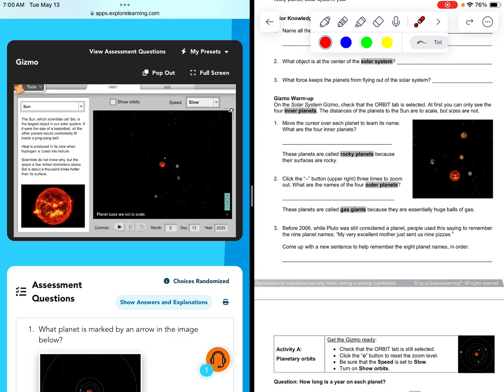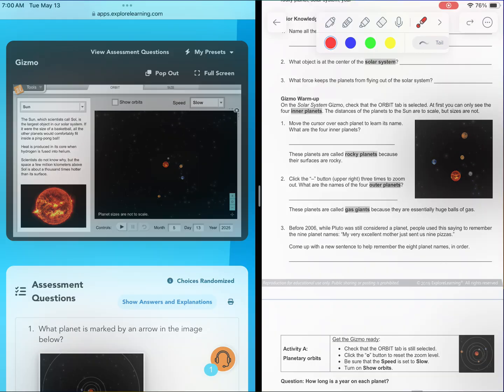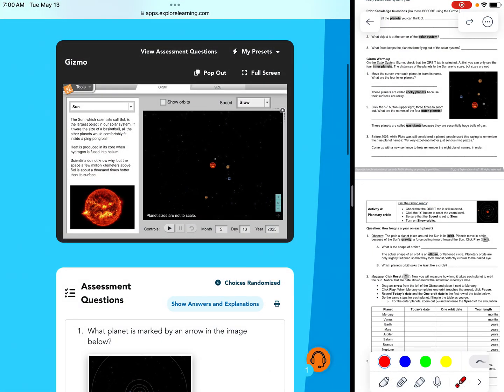It says to move the cursor over the planets to learn their name. So you'll need to use your finger on your iPad, or if you have a stylus, you should be able to put your finger on them and their name should pop up.